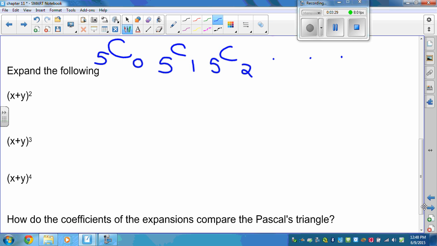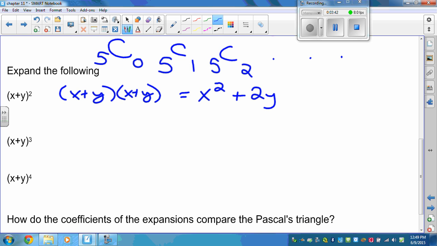Okay. Finally, before you come to class, I want you to expand each of the following. So (x plus y) squared means we go (x plus y)(x plus y). Multiply them together, well, we get x squared plus 2xy plus y squared. Okay. Same thing with cubed and fourth.